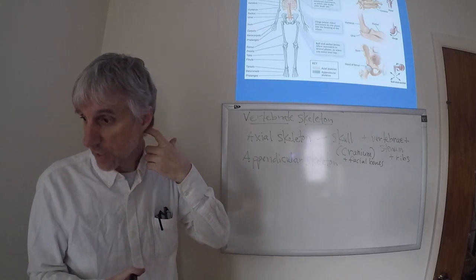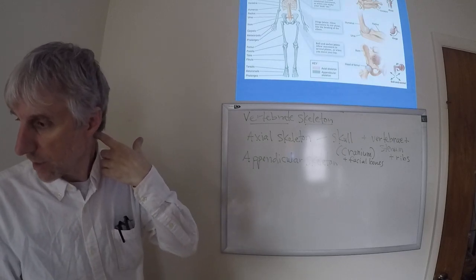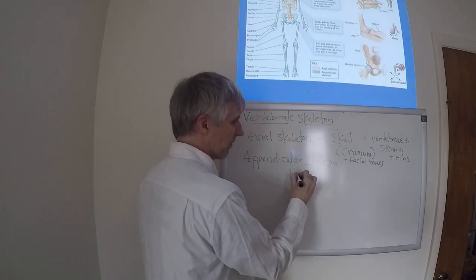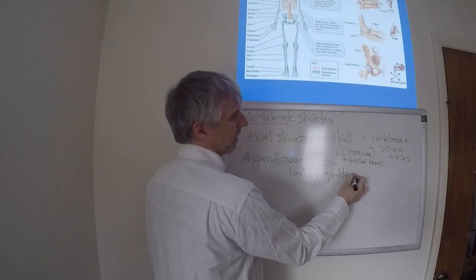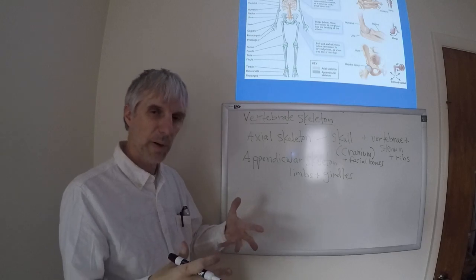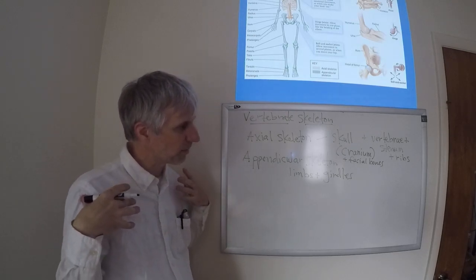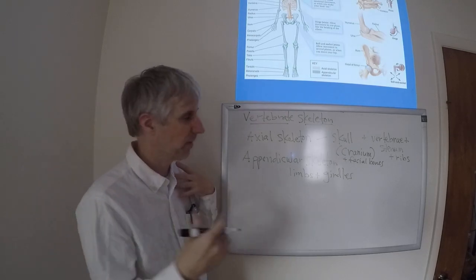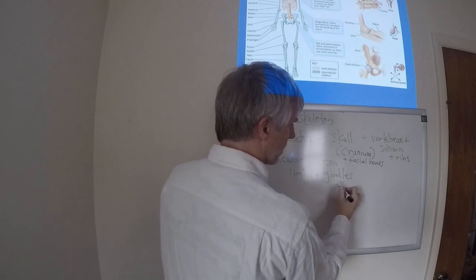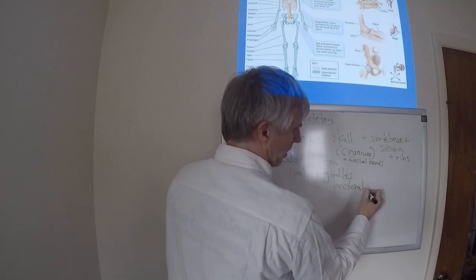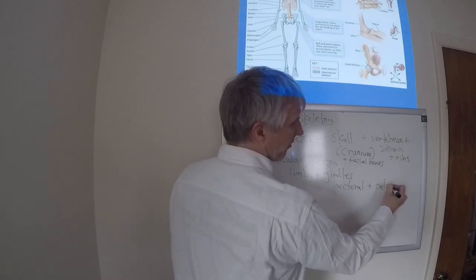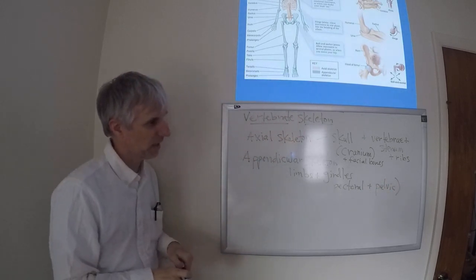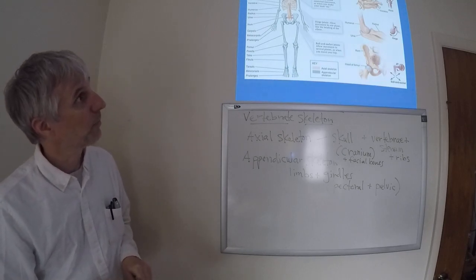The appendicular skeleton is composed of the limbs plus what are called the girdles. So tetrapods have 4 limbs. We have arms. The arms are associated with the pectoral girdle. The legs are associated with a girdle called the pelvic girdle. Okay? The pectoral and the pelvic girdle.